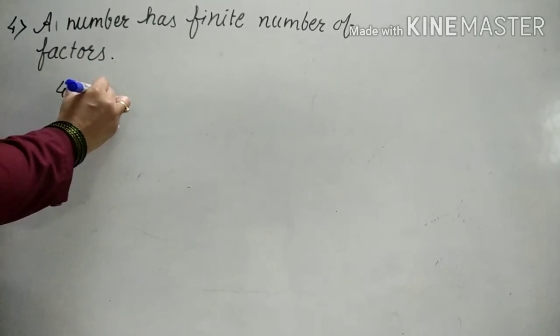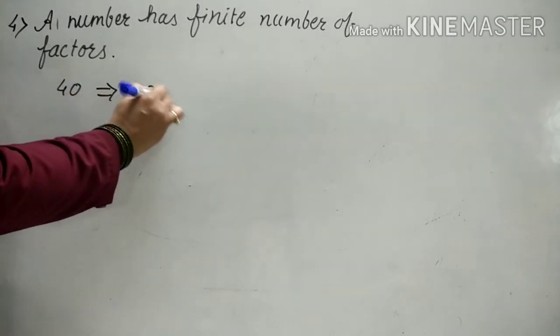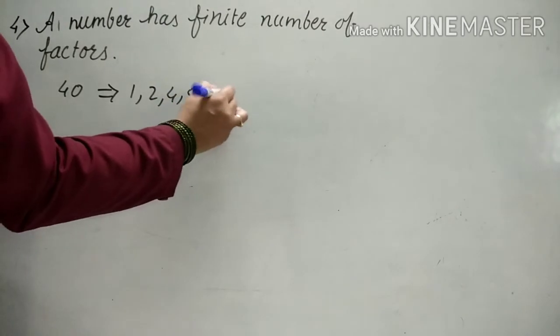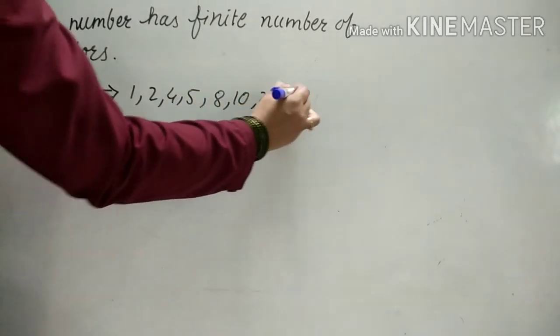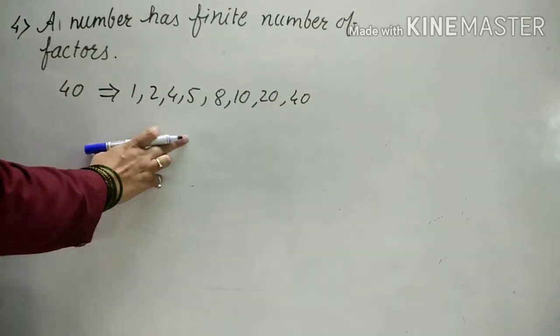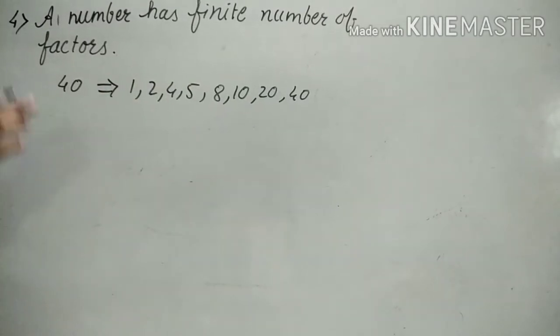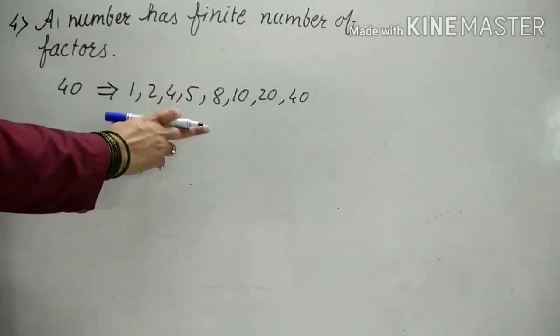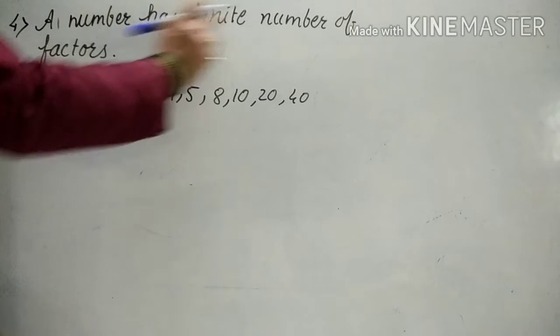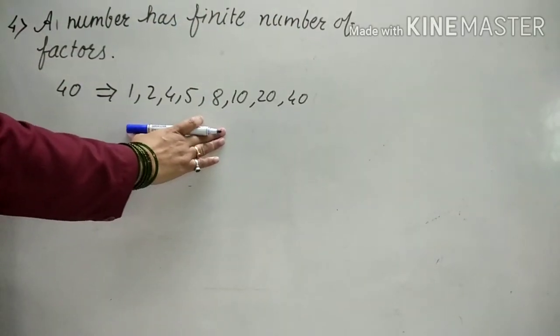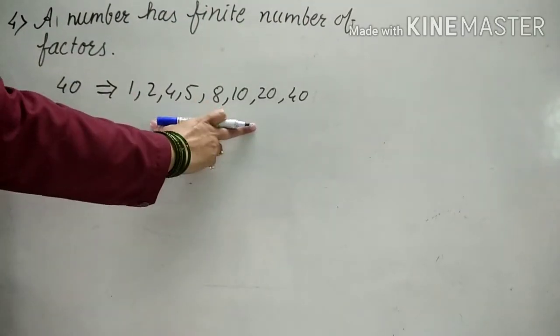So factors of 40 are 1, 2, 4, 5, 8, 10, 20 and 40. So they are finite. I can count the factors. So a number has a finite number of factors. Yes, this 40 is having this many factors only.